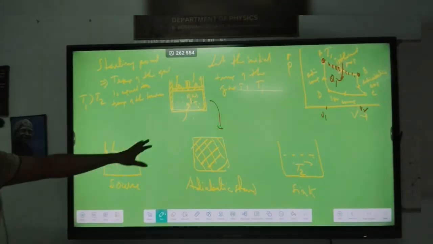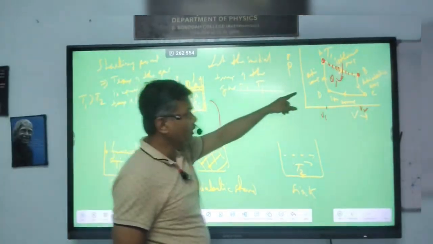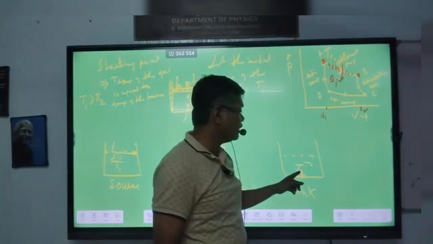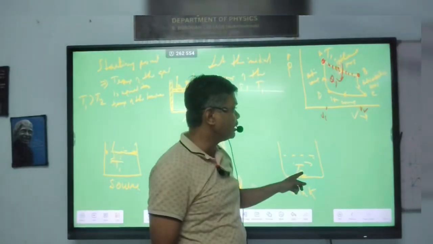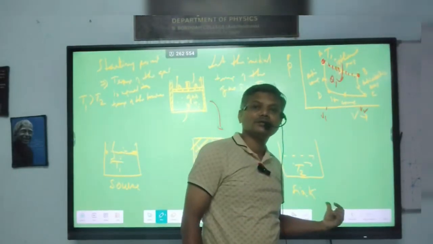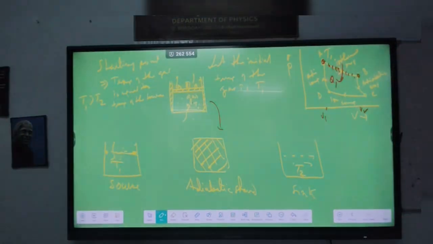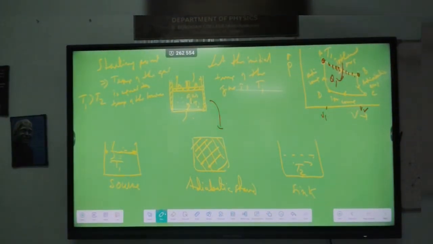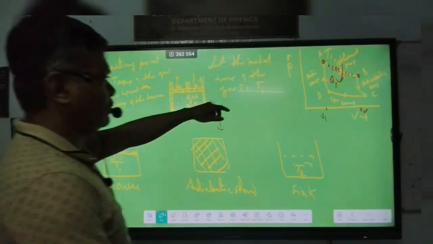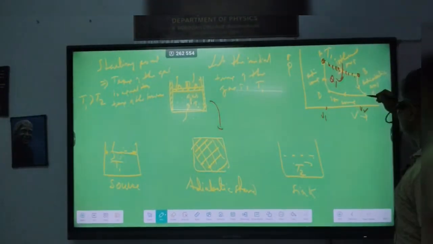So now this is called adiabatic expansion. I will allow it until the temperature of the system becomes the temperature of the sink. Once the temperature of the gas is equal to the temperature of the sink, I will stop the expansion. Okay, and that is this one, B to C.